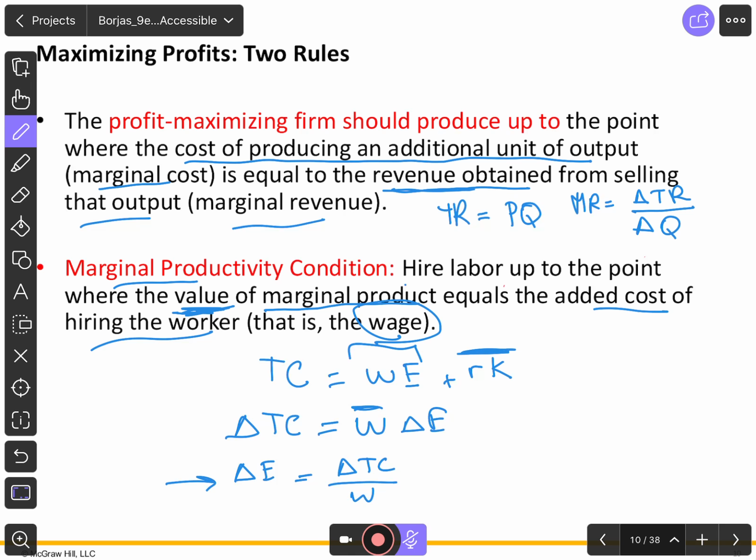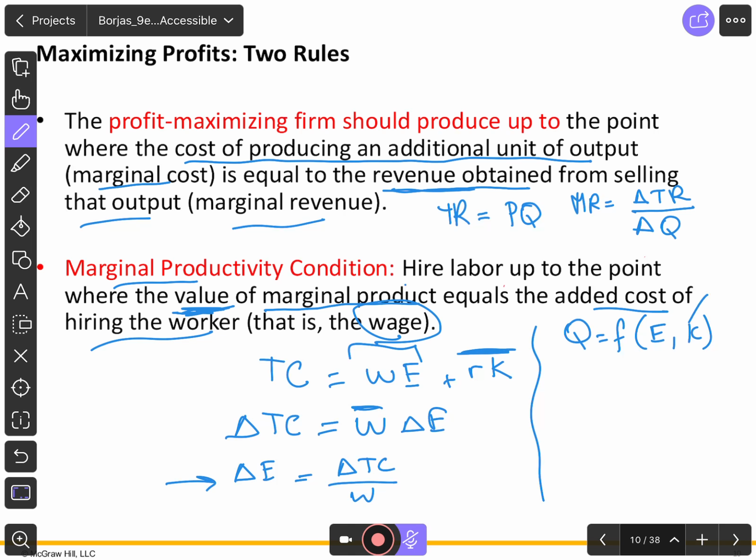Also, we can think about the production function. We already said that there is a production function which is a function of workers and capital.